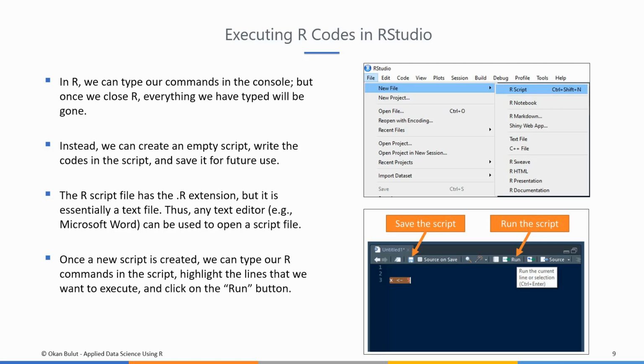If you want to run the code line by line, you can bring your cursor at the beginning of your codes, and you can start clicking on run. Every time, the run functionality will run a line and then go to the following lines one by one.